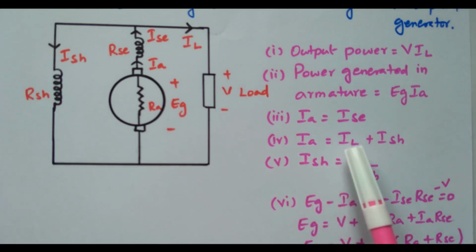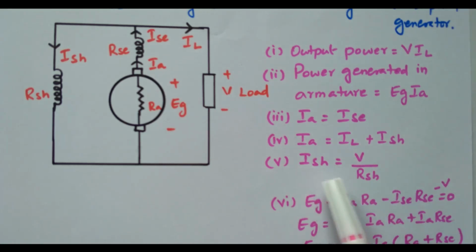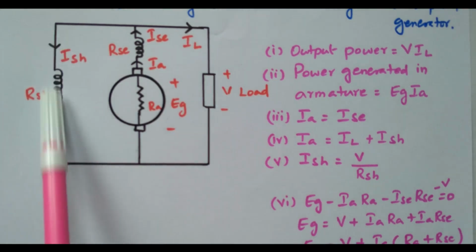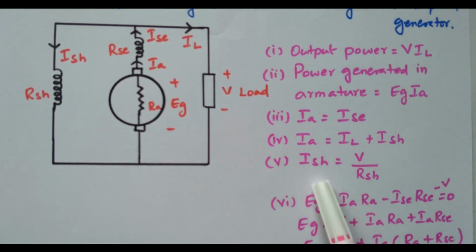Similarly, IA equal to IL plus ISH. IA is split into load current and ISH. So ISH can be written as V divided by RSH, because RSH is connected across the load terminal, right. So the same voltage will be applied across RSH also. So the current through the shunt field winding is V divided by RSH, right.